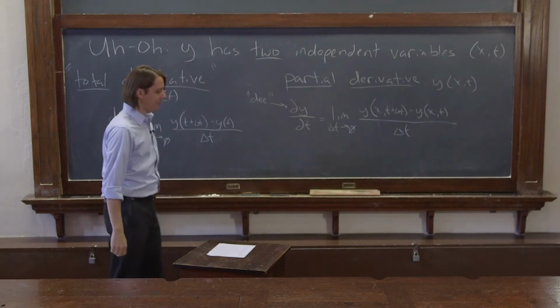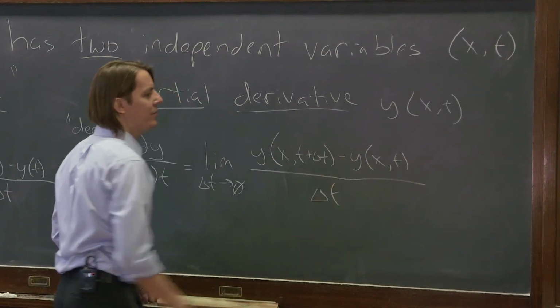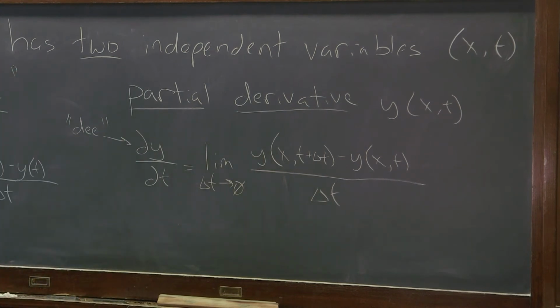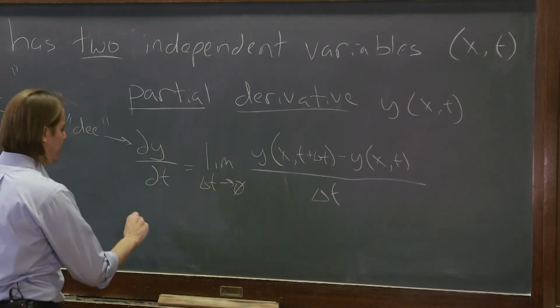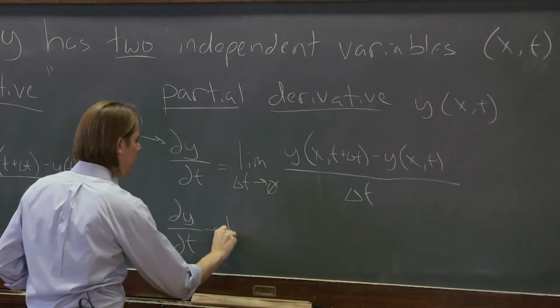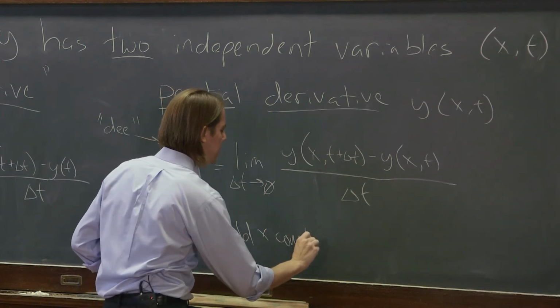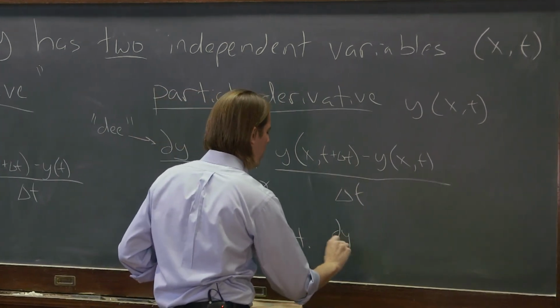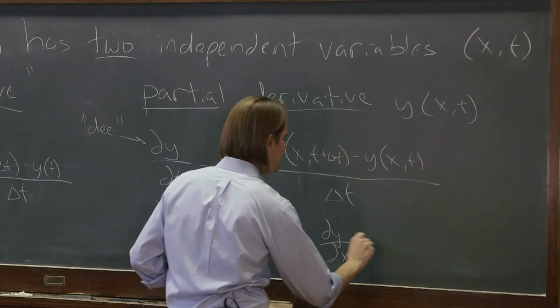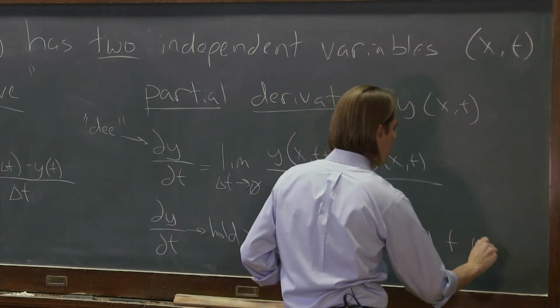That's it. Basically, to take a partial derivative, all you do is hold the x constant. Treat the x like a constant and take the derivative with respect to t. So for ∂y/∂t, hold x constant. If you want ∂y/∂x, hold t constant.